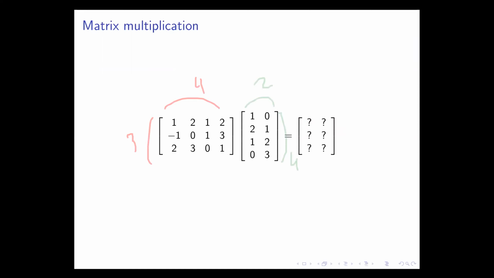The number of columns in the second matrix defines the number of columns in the resulting matrix, so the resulting matrix will have 3 rows and 2 columns.